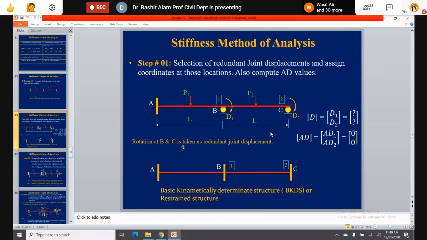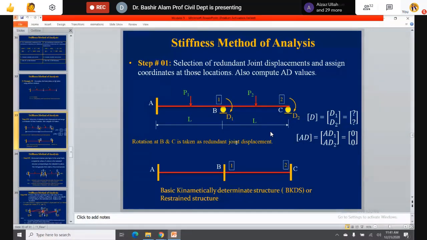So rotation at B and C are taken as redundant joint displacements. Remember, you don't have any other choice to declare these redundant displacements. These are the only two joints. It's okay if you select this theta C as D1 and this theta B as D2. But these will be the two unknown joint displacements.